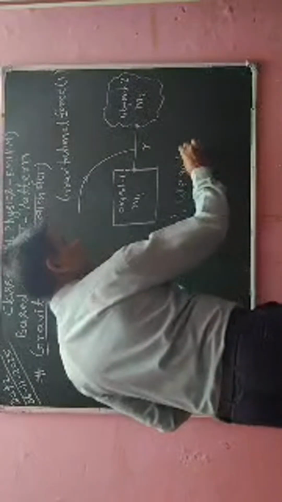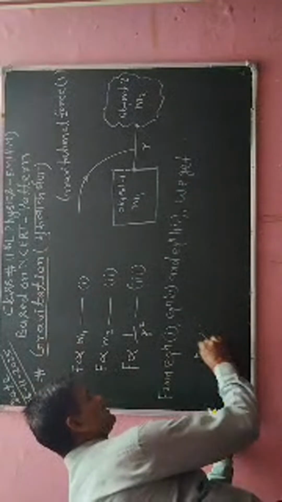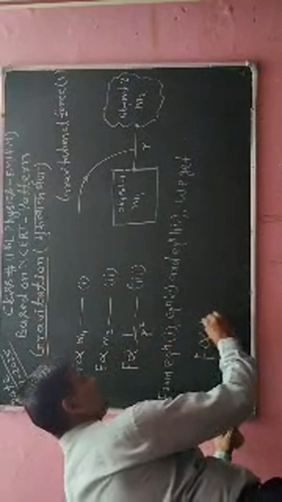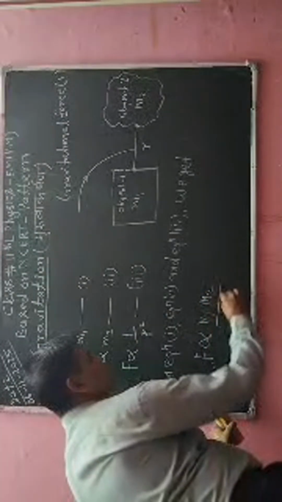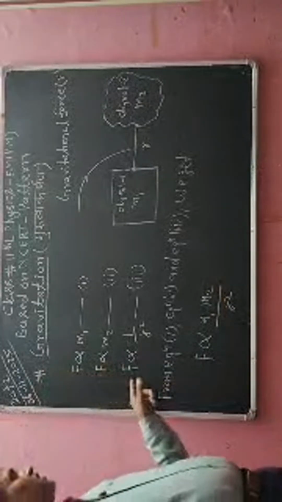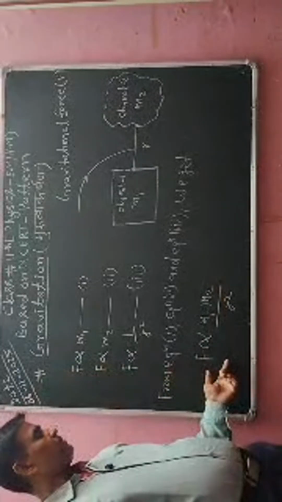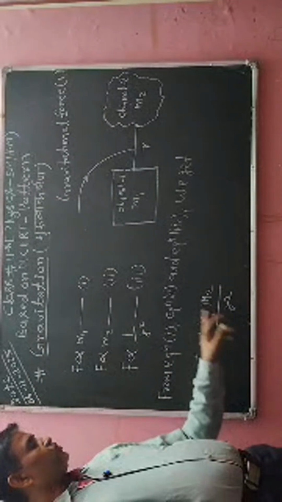We get that force F will be directly proportional to m1 into m2 divided by r square. When these three relations are combined, I get F directly proportional to M1 M2 by R square.